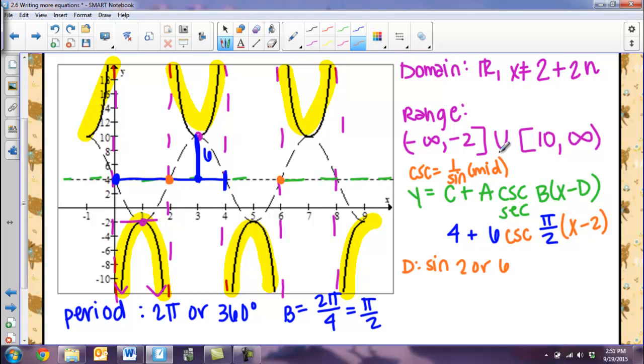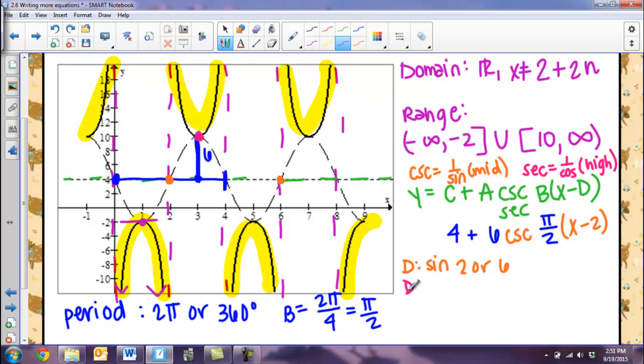Okay, and again, you can write this as a secant graph as well. So if you went in here, I'm going to pick a different color that I haven't already used, since I've used the whole rainbow at this point. Secant is going to be 1 over cosine. And cosine always started at a high point before. So what you're looking for, if you're looking for a high point, is you're looking for the bottom of a parabola.